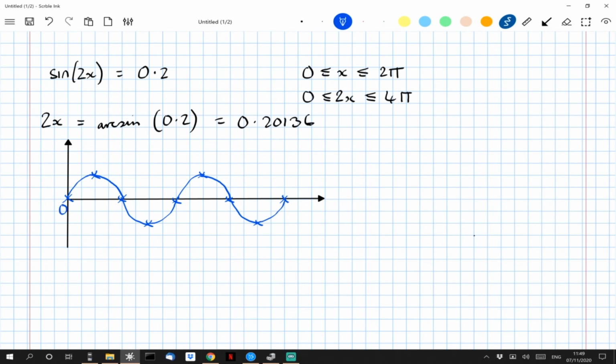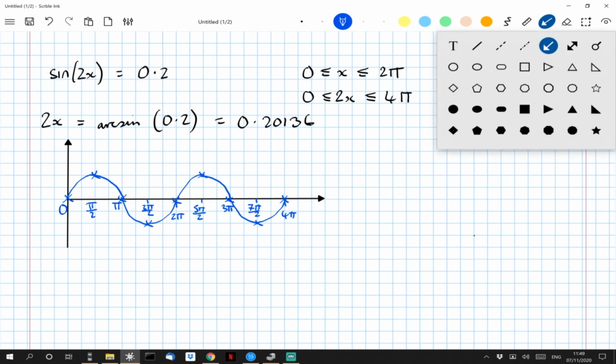So I've got 0, pi over 2, pi, 3 pi over 2, 2 pi, 5 pi over 2, 3 pi, 7 pi over 2, and 4 pi.